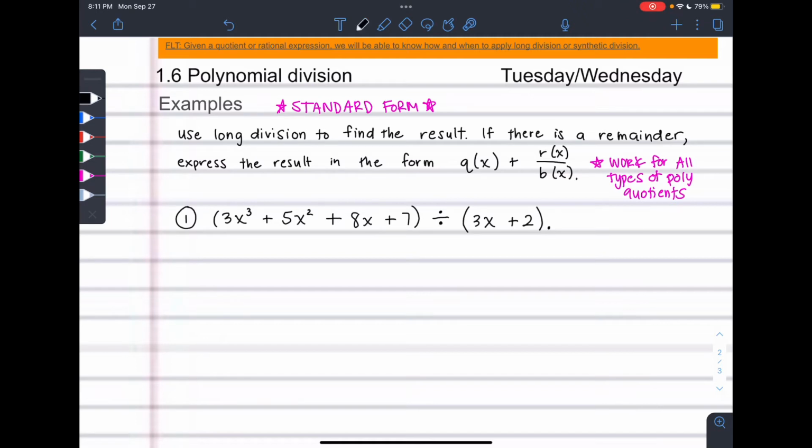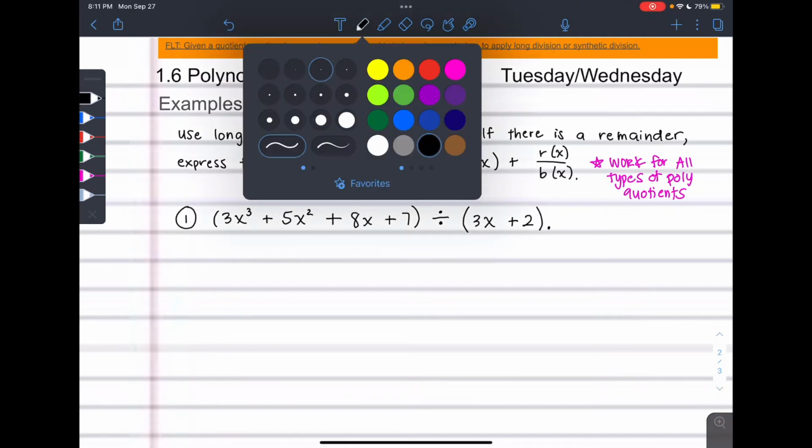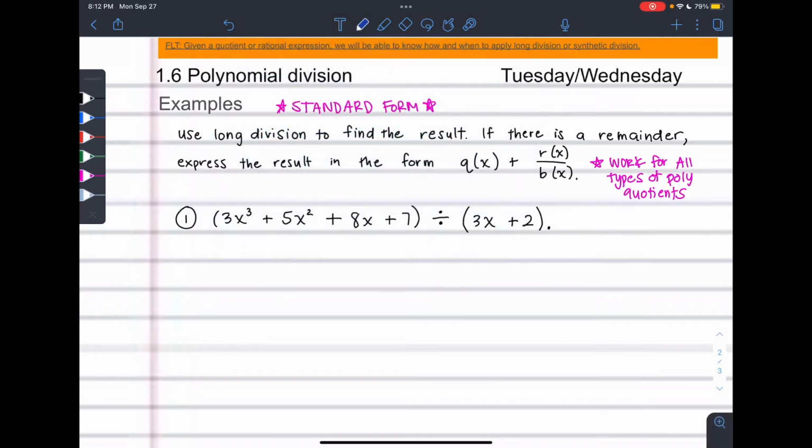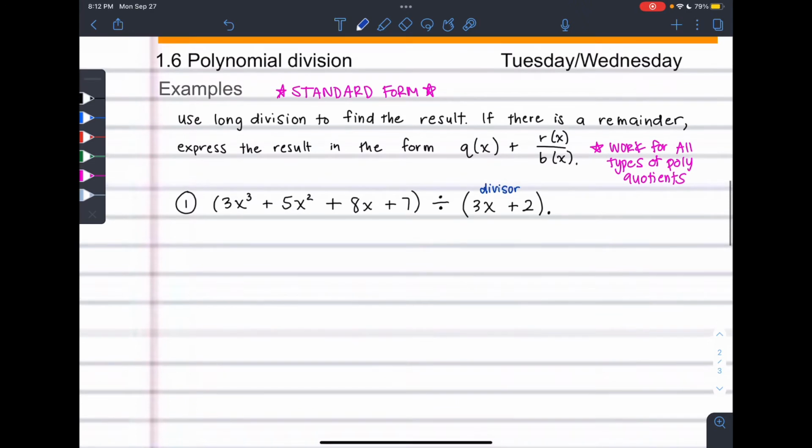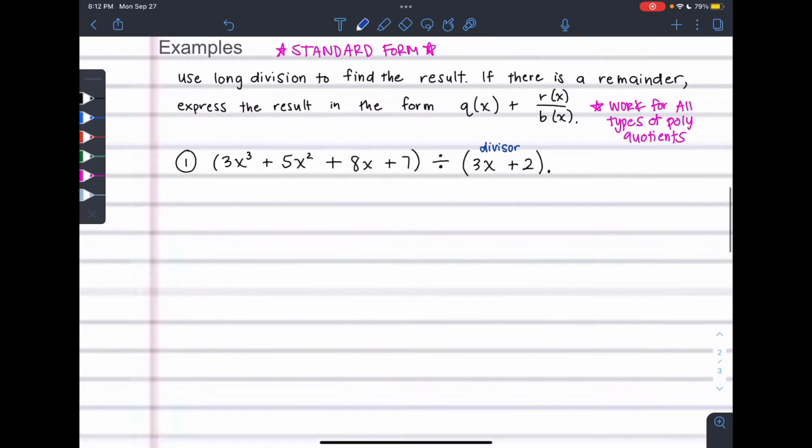Okay, for number 1, we have 3x cubed plus 5x squared plus 8x plus 7 divided by 3x plus 2. So just as a note, this is our divisor. Okay, when we set this problem up, we have our division symbol here. Okay, this one is different from this symbol.